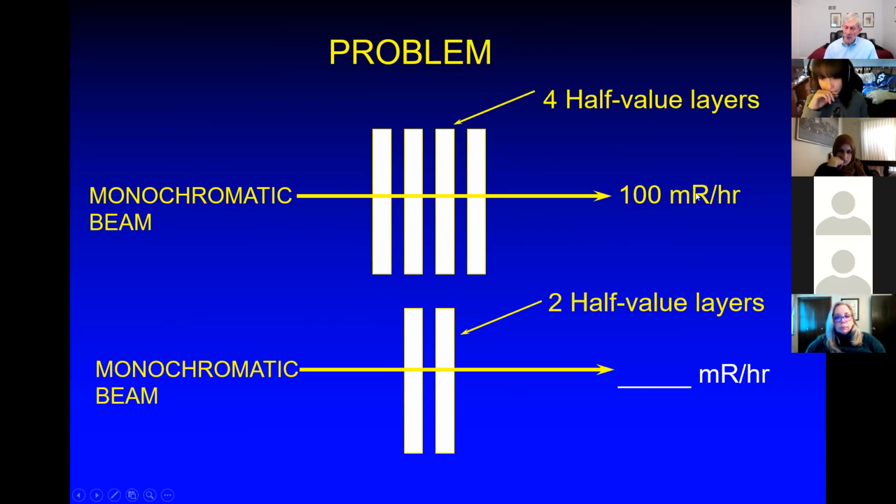And with the 4 in place, we have a reading of 100. Now, if we take out 2, we took out this N1 and this N1. If we take those out, the reading is now what? Is it going to go up or down? And to what number? I think it has to go up. You took out 2 layers. What's this number now?